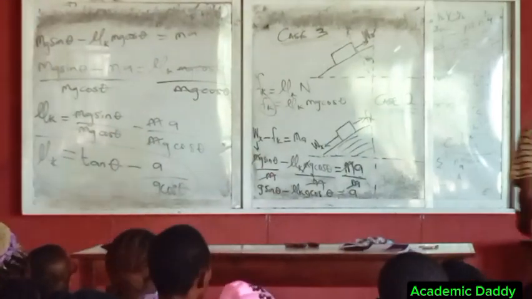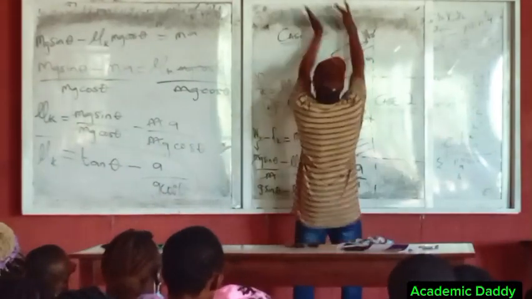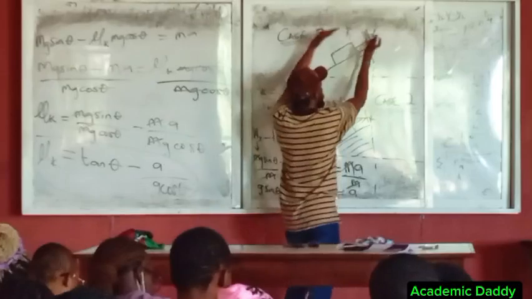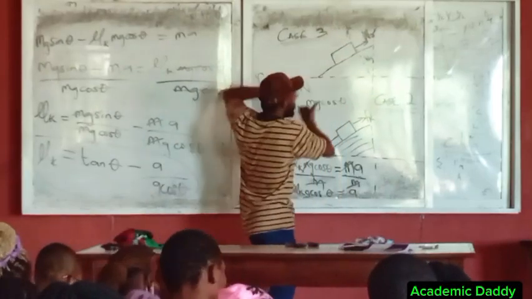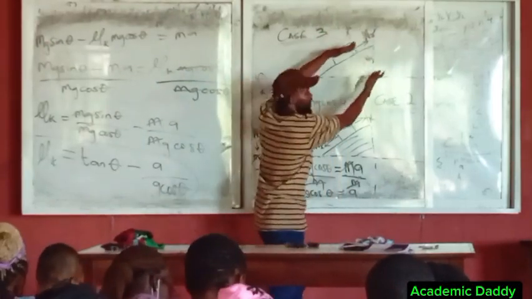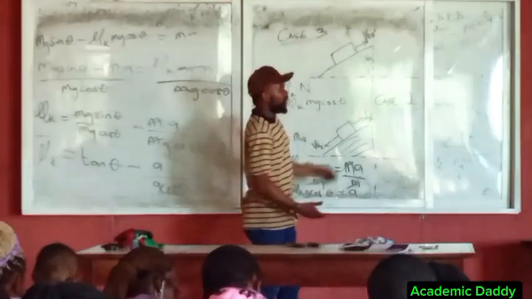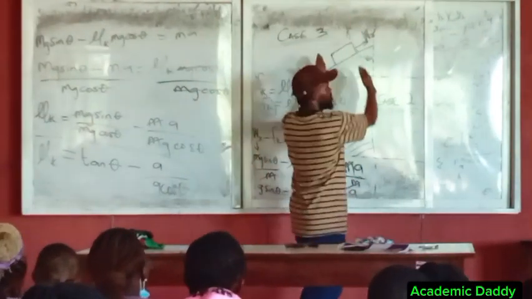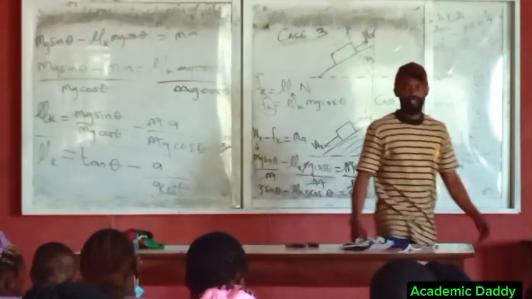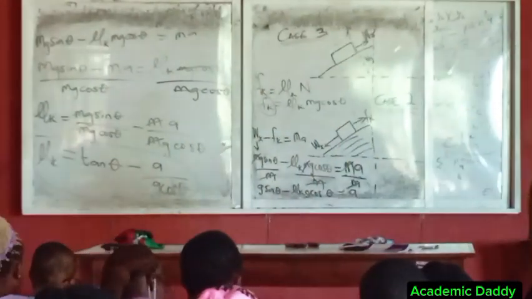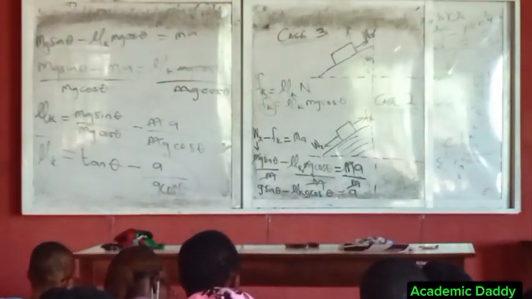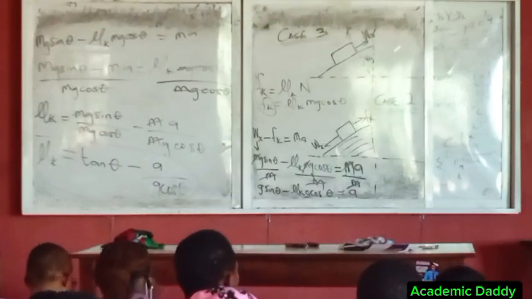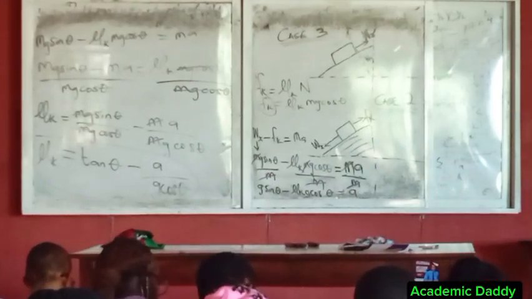The vertical axis is just this way, so it's not moving out of this. Anything happening here, whether it's going this way or that way, is still on this x-axis. So there's no reason to put W1 anywhere for this. Find me the coefficient of kinetic friction and the acceleration when this body is sliding upwards.